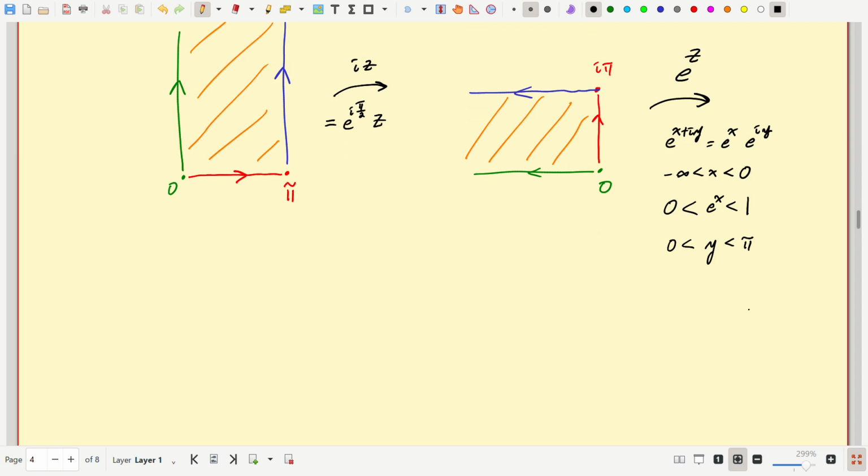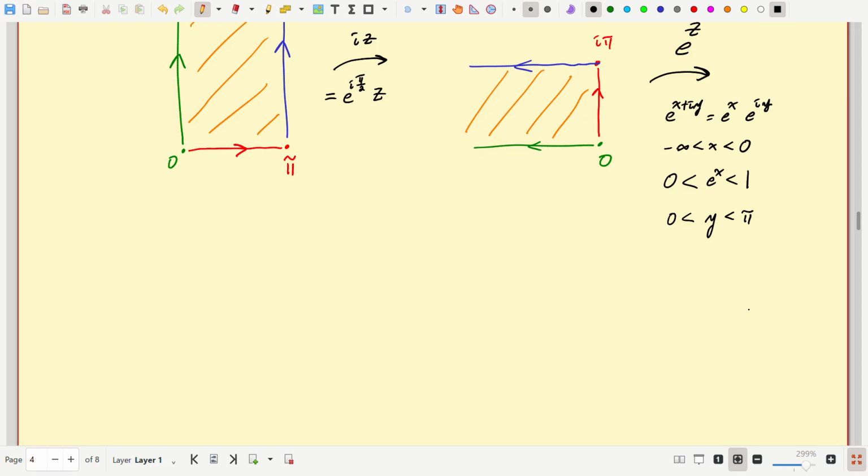So you think about what e to the z would do to that. The red part would get mapped to the unit circle. Here's 0 right here. The blue part would get mapped like this.